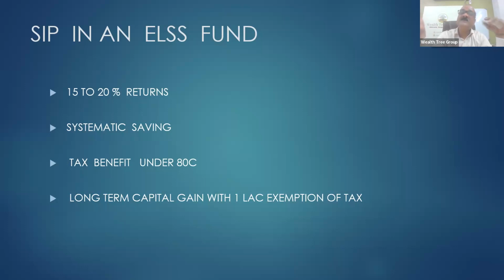So what you can do is, you can put 50,000 in insurance, you can put 50,000 in ELSS fund, and if your deductions are more, you can go for NPS, which is a retirement fund, where after retirement only you will get the money, you will get the pension. So obviously you can invest another 50,000 in that, save another 50,000. That means instead of 1.5 lakhs, you can save up to 2 lakhs.